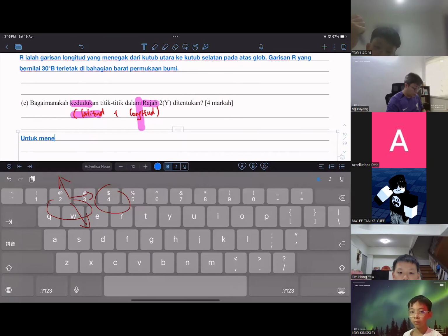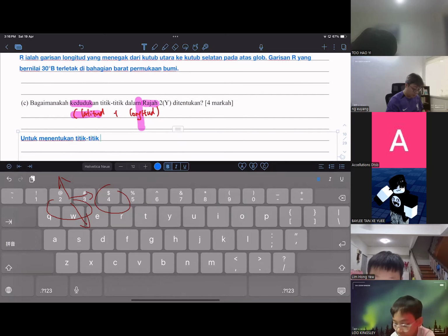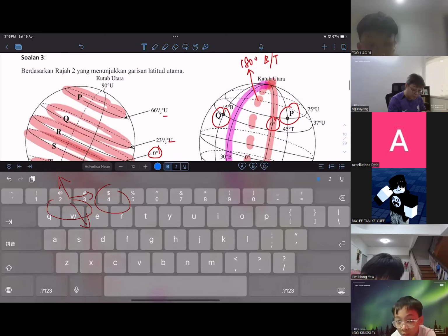Untuk menentukan titik titik. So which is the titik titik? We have the titik for PQR, right?